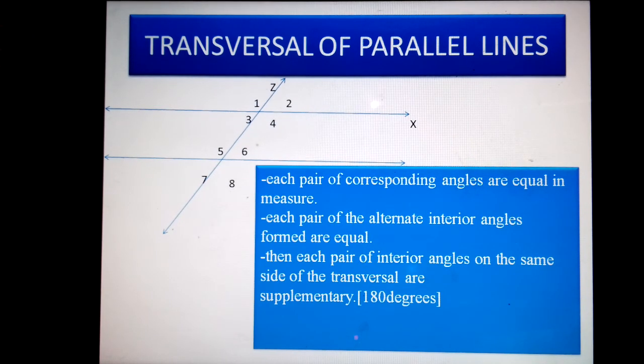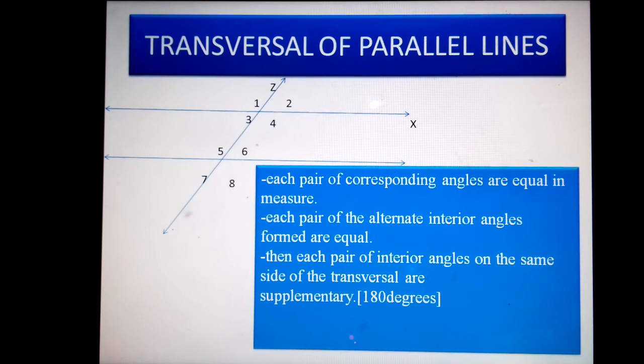Coming to the last property, that is, each pair of interior angles on the same side of the transversal are supplementary. It is not equal. Remember the point here, it is supplementary. Supplementary we have already seen, this means 180 degrees. So here, interior angles on the same side of the transversal.